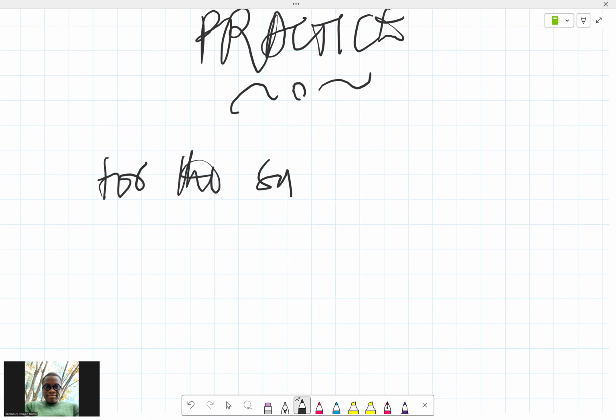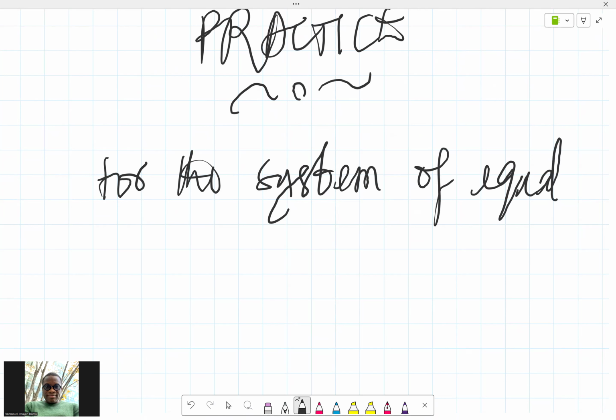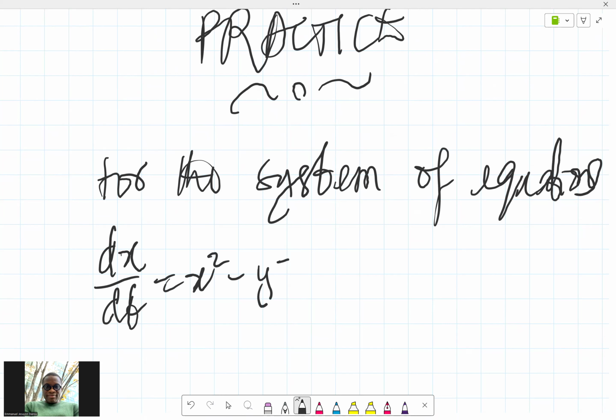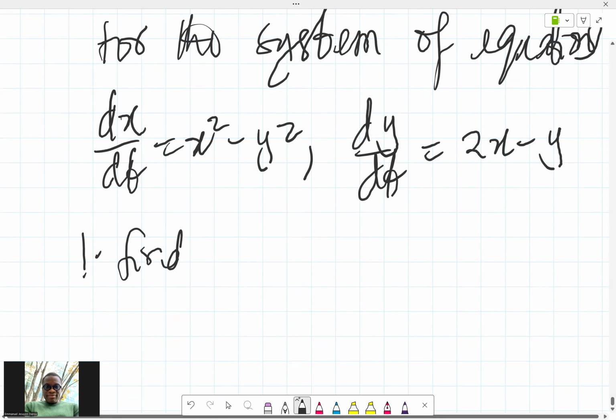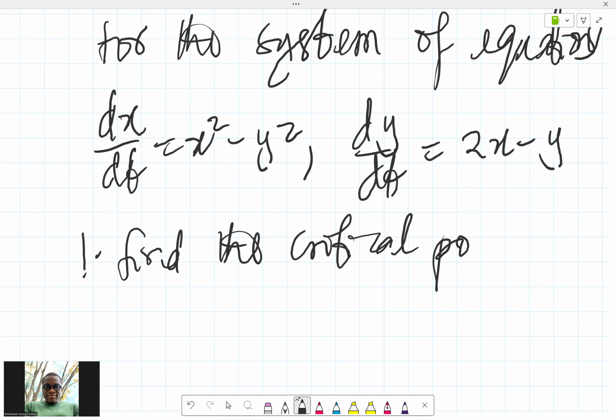So for the system of equations, dx dt equals x squared minus y squared, and then dy dt equals 2x minus y. Okay, one, find the critical points of the system.